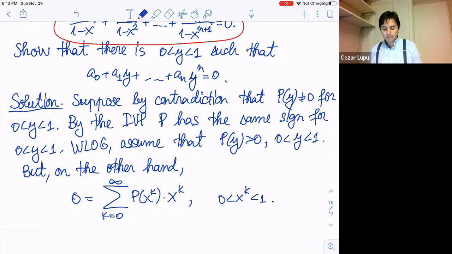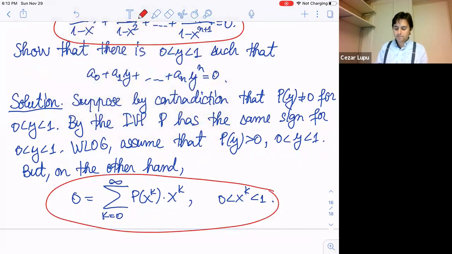Well, now we have to analyze this a bit. So let's look at this here. So what can we deduce from here?